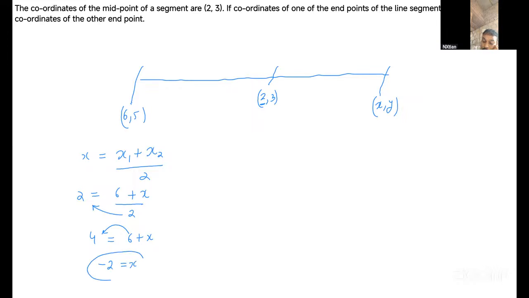In the same way, y can be written as (y1 plus y2) by 2. So 3 equals (5 plus y) by 2. It becomes 6 equals 5 plus y, so 6 minus 5 equals y. Then y is equal to 1.